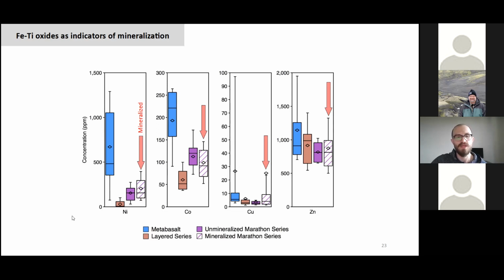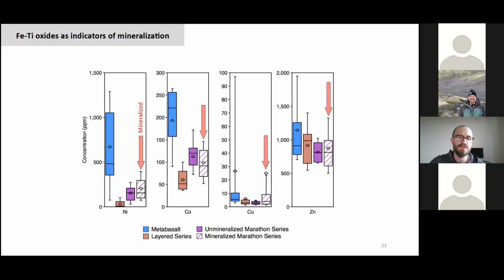So here we have a number of box whisker diagrams looking at the composition of chalcophile elements in iron titanium oxides. And what we can see is that there's really no systematic change in the concentrations of these elements in both mineralized and barren rock, with some barren rock being enriched and some barren rock being depleted in chalcophile elements.